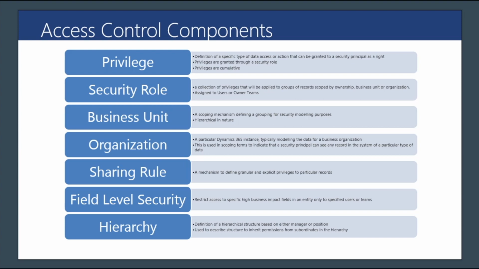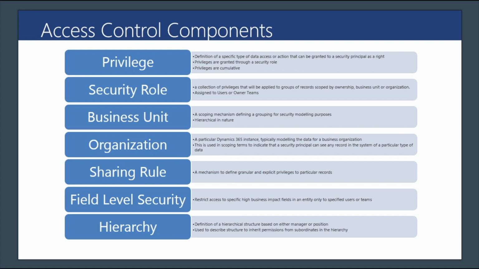Business unit, as we mentioned earlier, is another control mechanism within the system and allows for scoping a given privilege or permission. Business units are hierarchical in nature. As we mentioned earlier, you can have parent business units and child business units below the parent business units, multiple levels deep.